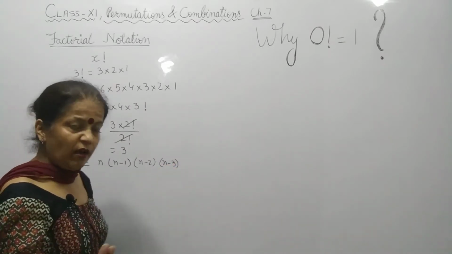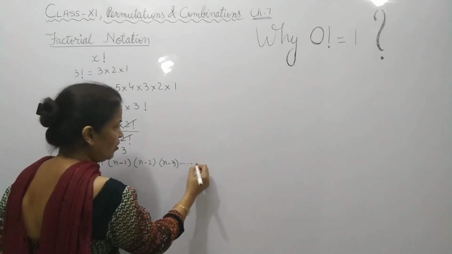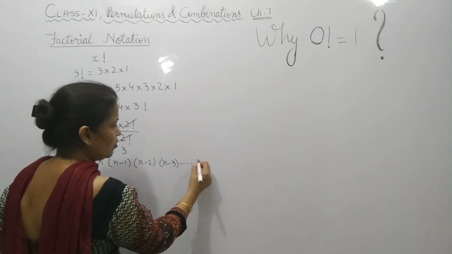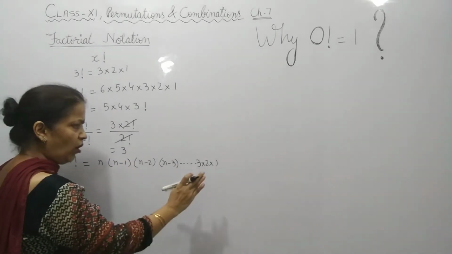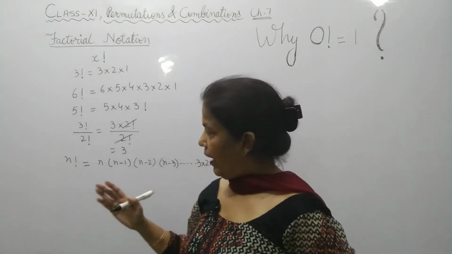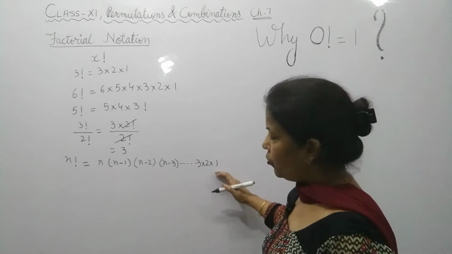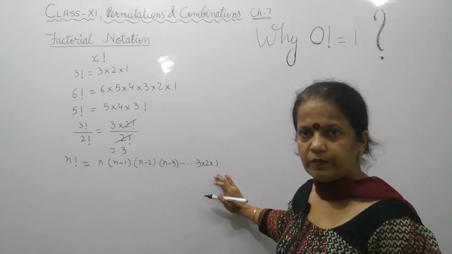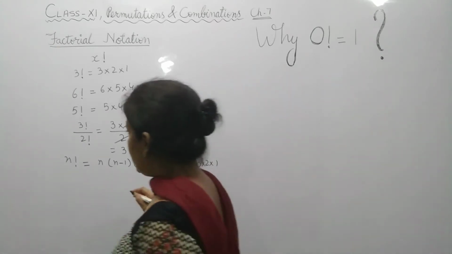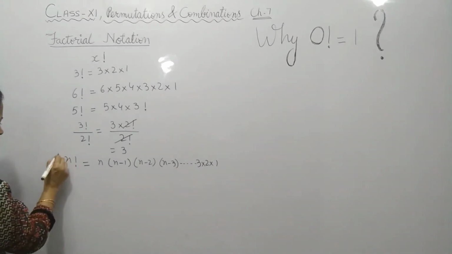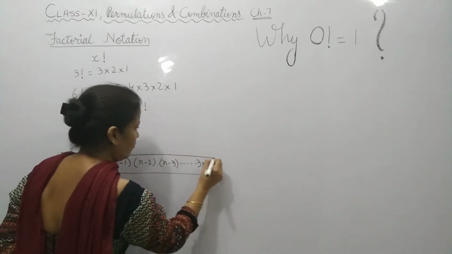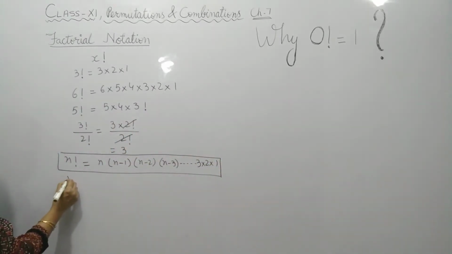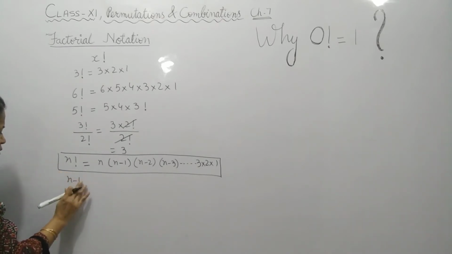Where will this go? It goes on up to 3 multiply 2 multiply 1. It means the product of the numbers which go on decreasing up to the last natural number. So this is the notation of n factorial.